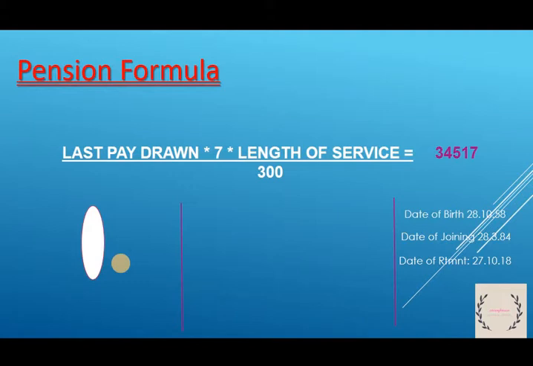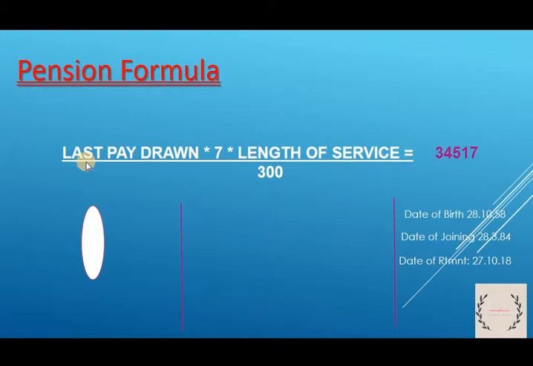So let's see what the pension formula is all about. Basically, it includes 4 components. The last pay drawn times 7 times length of service divided by 300.